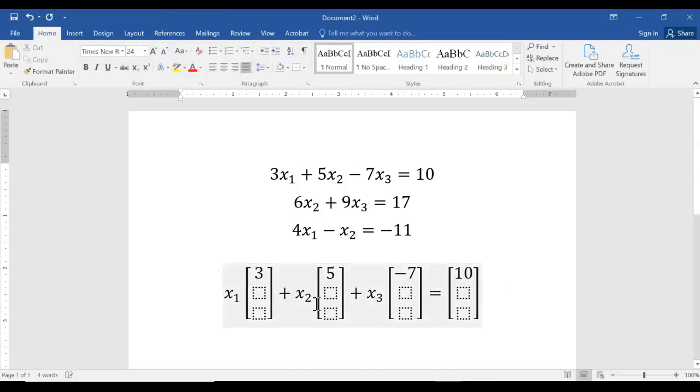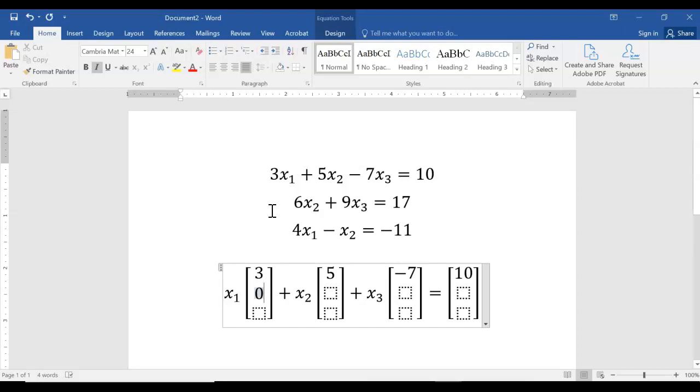All right? So you can do that row-wise. Once you get good at this, you're going to figure out that these are just the coefficients of the x1s. 3 is the coefficient of x1 in row 1. In equation number 2 here, the coefficient of x1 is just a 0.